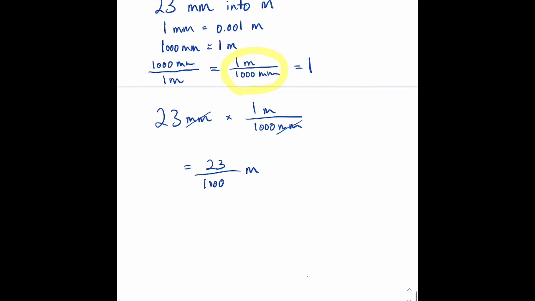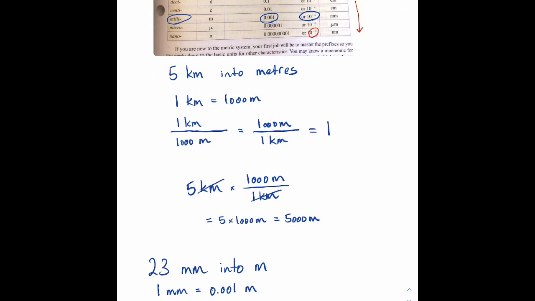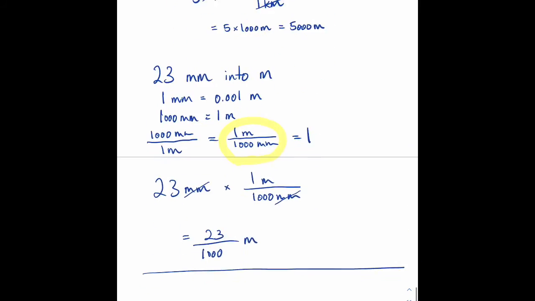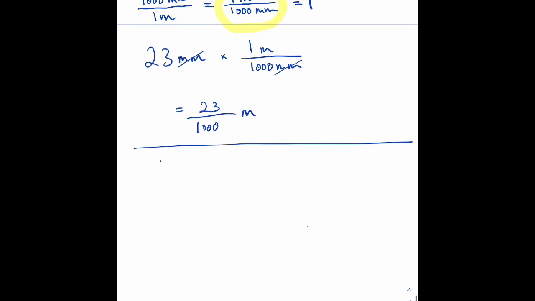You might also have done this with scientific notation. Let me do the same example with scientific notation. Notice up here we circled this 10 to the minus 3. So 1 millimeter equals 10 to the minus 3 meters. So do the same thing, but 23 millimeters times, I want millimeters on the bottom, so I can cancel these.